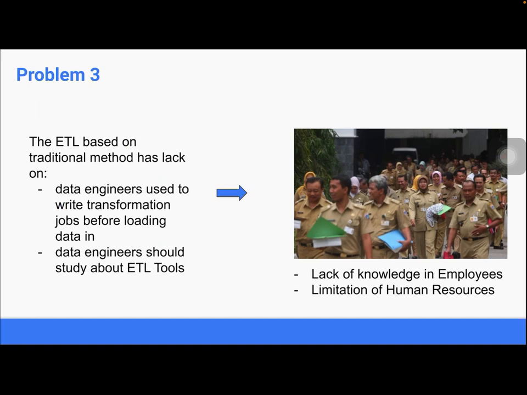In the district government we don't have experts like a private company. We lack knowledge among our employees, and we have limitations of human resources. So we have to think about how to handle big data more efficiently and not so complex like the traditional method.